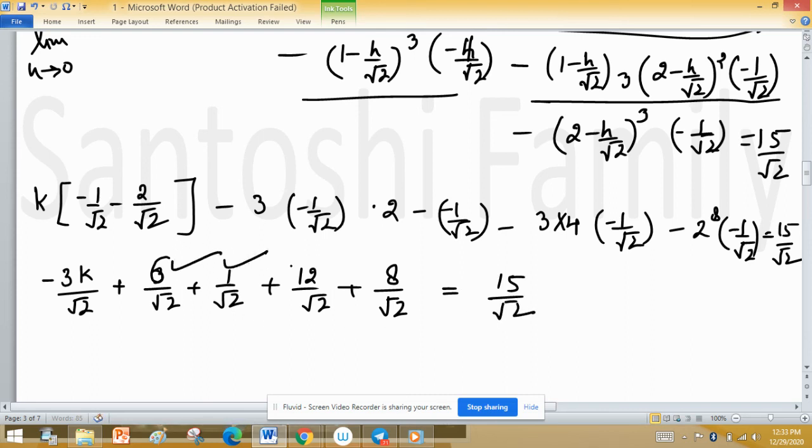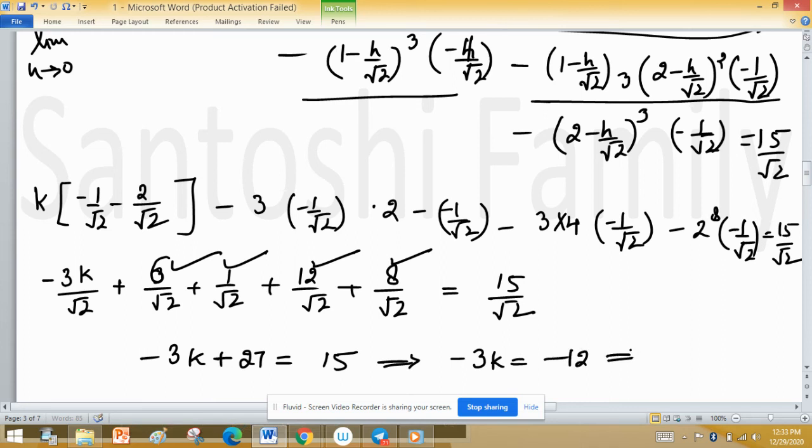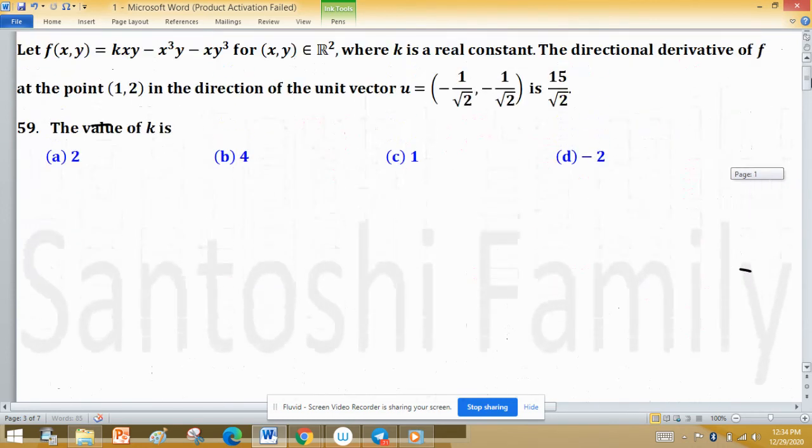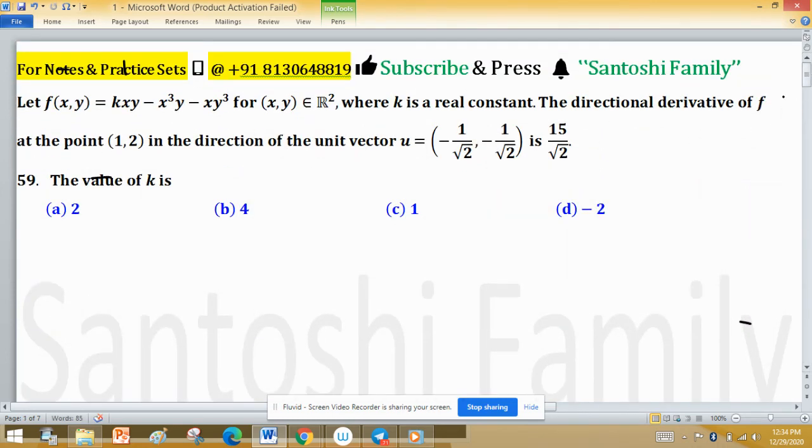Now 6 plus 1 is 7, 12 makes 19, 19 and 8 make 27, so 27 by 2. So it will be minus 3k plus 27 equal to 15. This implies minus 3k equal to minus 12. This implies k equal to 4. That is the value of k for this directional derivative, which is 4, meaning option B. Option B is the right choice.